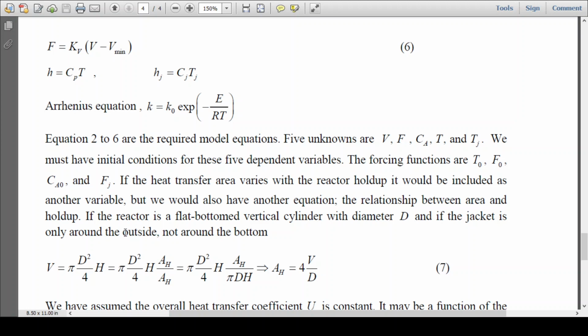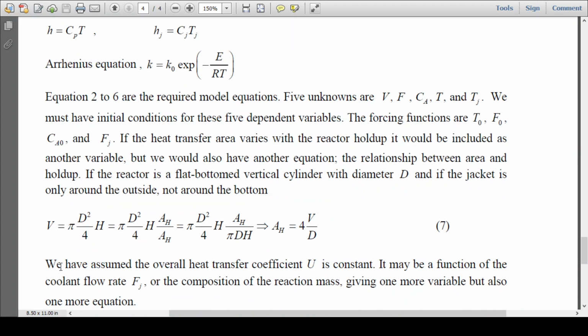The jacket is only applied on the cylindrical portion of the reactor, so the entire volume needs to be covered. So the volume is pi d square by 4 into h, and we can derive the formula for the heat transfer area as 4V over d.